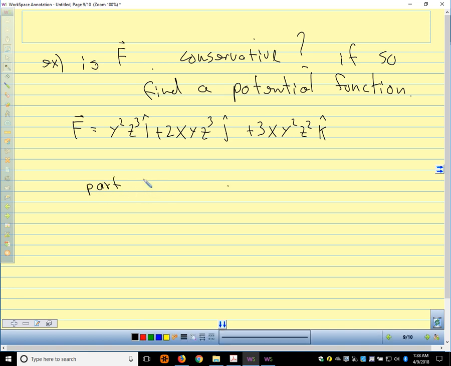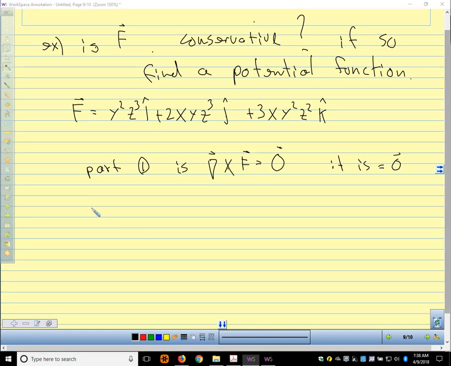For part one, we see is del cross f equal to 0, the 0 vector. So we find the curl. I'm going to tell you in this case, it is. It takes a little calculation. So what do we do then to find the potential function? Integrate the components.